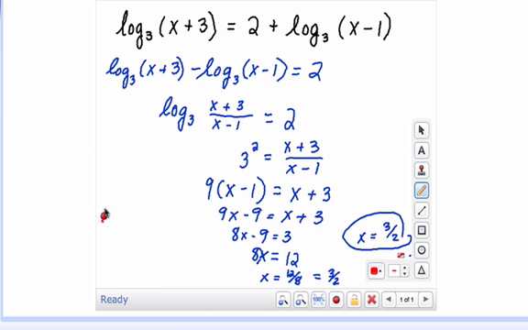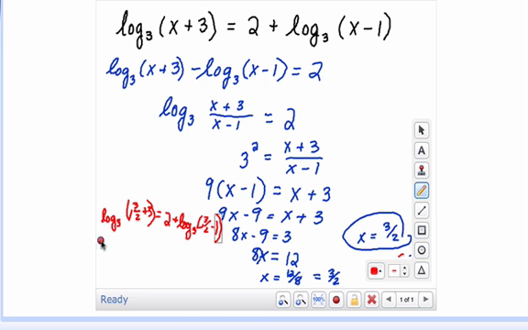So we're going to find out if log base 3 of 3/2 plus 3 equals 2 plus log base 3 of 3/2 minus 1.